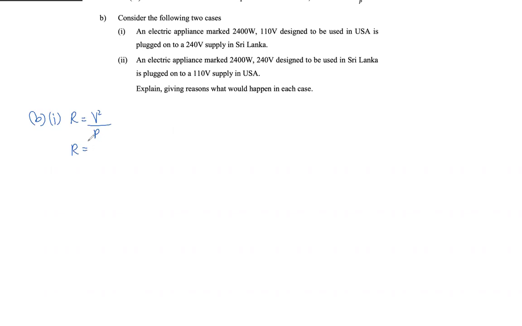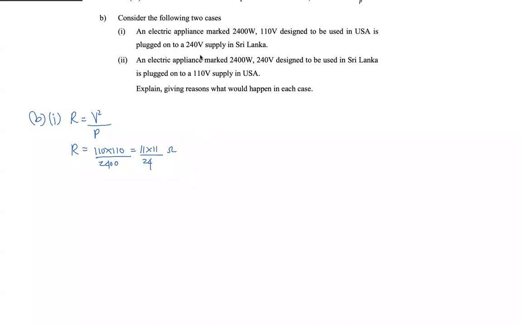So resistance equals V squared, 110 into 110, over power, which is 2400. So resistance is 11 into 11 over 24 ohm, that is the resistance of that.